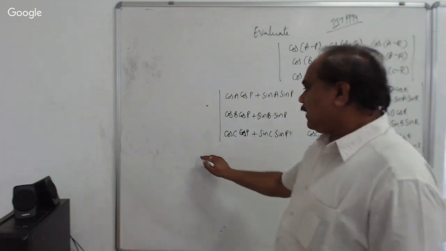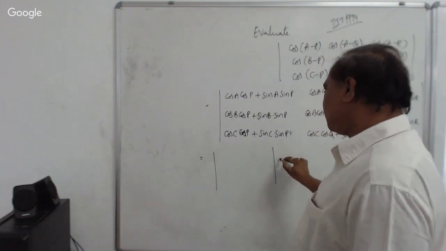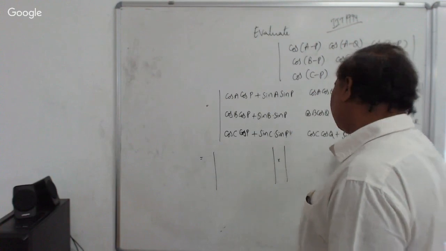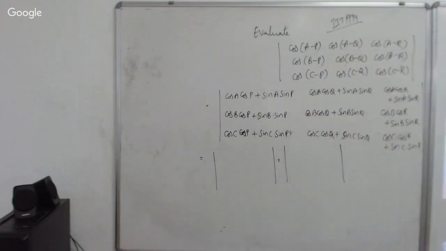Now you can write this determinant as the product of two determinants. Can you write the given determinant as the product of two determinants? Of course, here it is 3 by 3.